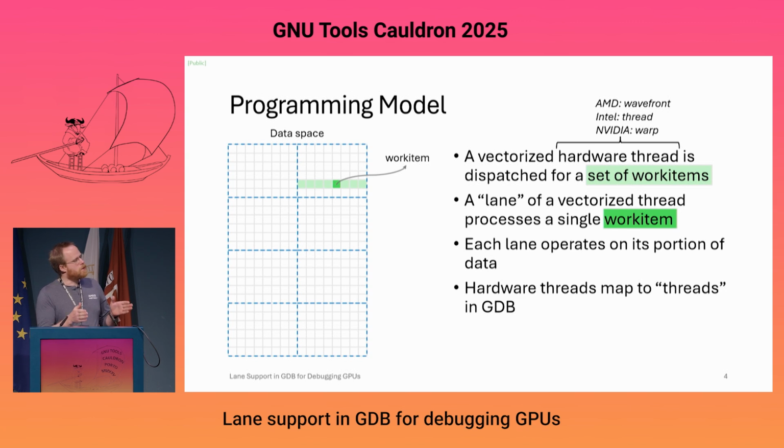So at one given time, a hardware thread is going to execute 32 or 64 work items. One of the first things which was not too controversial between any of us was that one hardware thread is going to map to a thread in GDB. So when you do info threads in GDB, you actually list all the hardware threads rather than the work items, which is what you would think of as a thread when you actually program the thing.